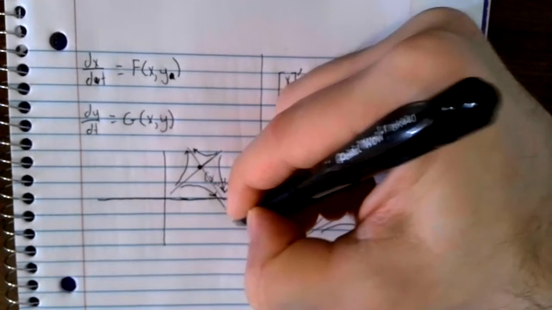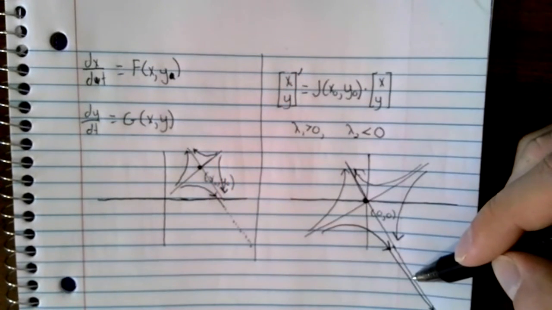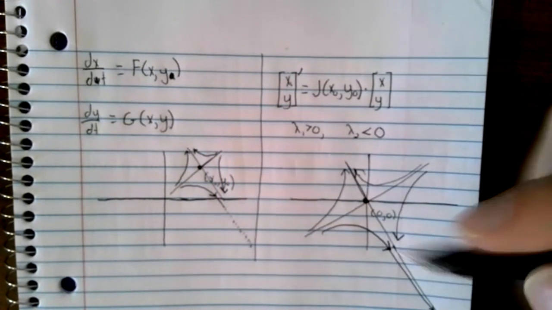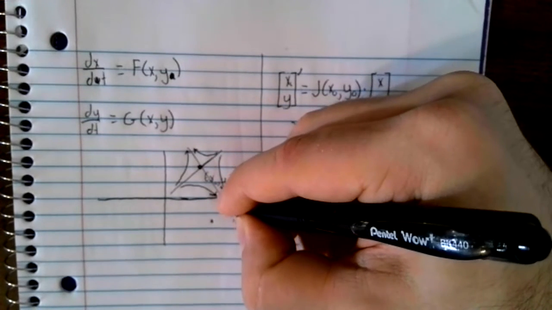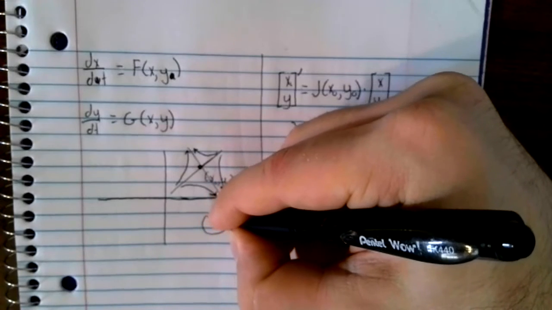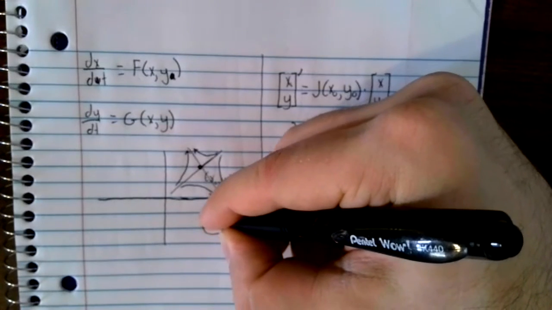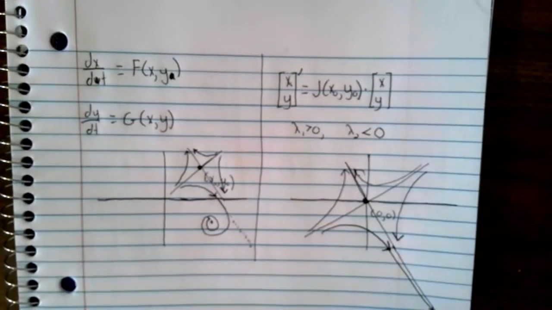Maybe it keeps going forever, just like this. Maybe there's an asymptotically stable spiral it gets caught up in. We don't know what happens.